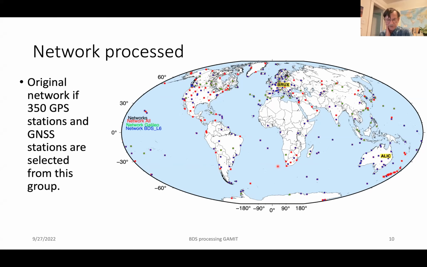That is, we're using a standard international IGS 20 Antex file, and so far we have not deviated from that. We do have the ability to develop our own elevation and nadir dependence models. We haven't tried that yet because we're trying to stay with the standards. I think this is something we may hear more about later on. In fact, I know there's a talk later on this subject.